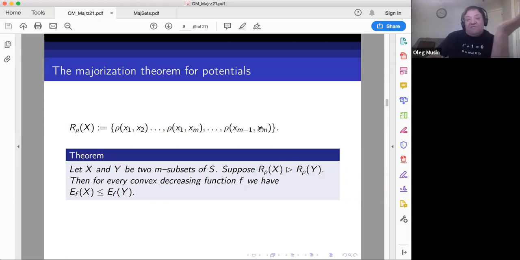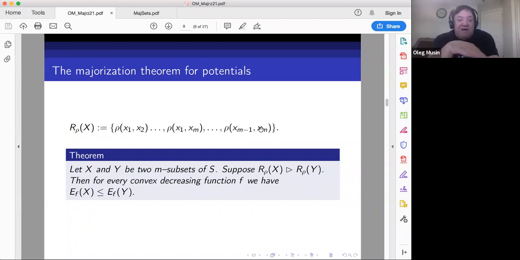Immediately, of course, this majorization theorem, the Karamata inequality, implies the following theorem. Let x and y be two m subsets of S. Suppose R sub rho of x majorizes R sub rho of y, then the energy E_f of x is less or equal to E_f of y.